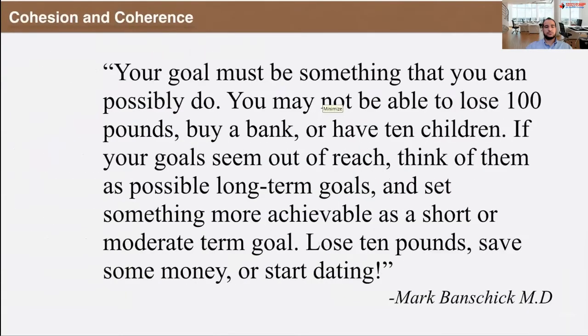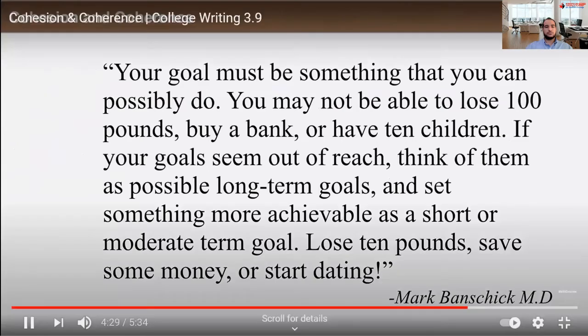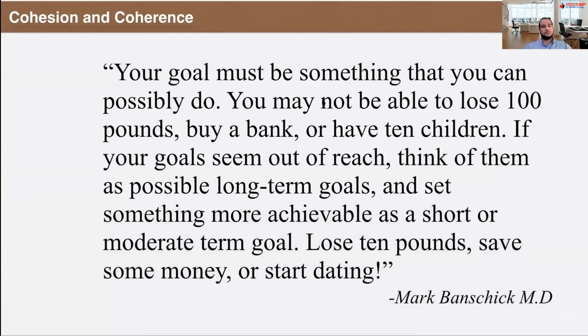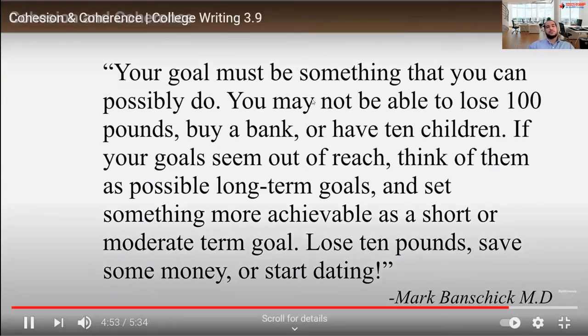Let's look now at a coherent passage, written by a Dr. Branschik, published in the Psychology Today magazine. Your goal must be something that you can possibly do. You may not be able to lose 100 pounds, buy a bank, or have 10 children. If your goals seem out of reach, think of them as possible long-term goals and set something more achievable as a short or moderate-term goal.